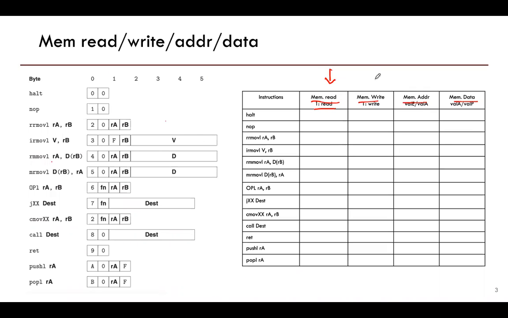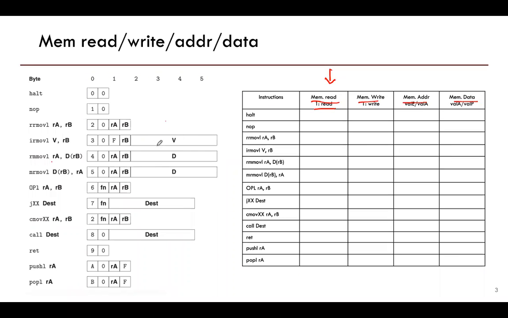The mem write module also generates a 1-bit signal, where 1 means write and 0 means no write. The memory address module selects either valE or valA, and the memory data module selects either valA or valP.